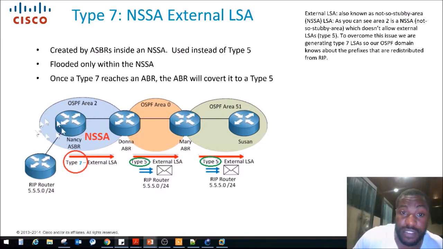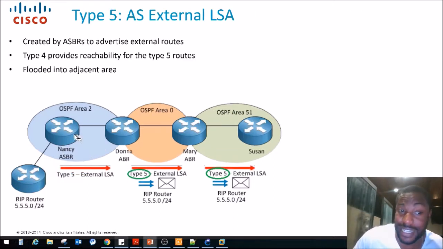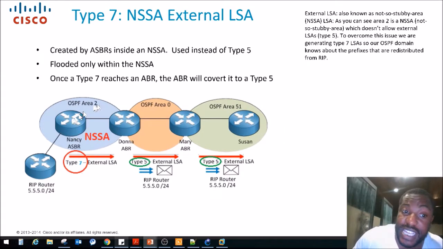So this becomes an NSSA, and it's used instead of a Type 5 because why? Area 2 is an NSSA, which doesn't allow external Type 5s. So we have an external Type 5, right? It becomes a Type 7 because this is an NSSA. It sounds like it's this, but it's not because this is now becoming an NSSA. So it sends a Type 7.